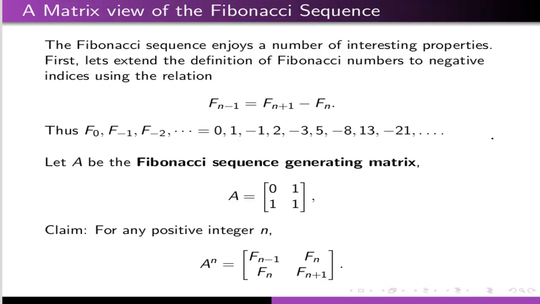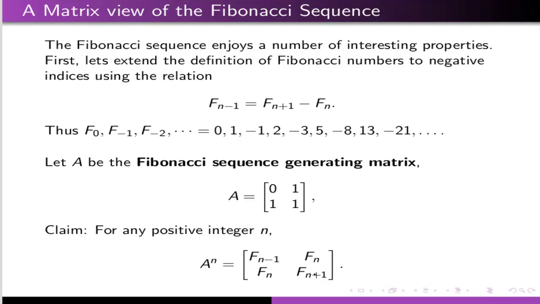Okay, now let's bring in what I call the generating matrix for the Fibonacci sequence. Let A be this matrix, 0, 1, 1, 1, a 2 by 2 matrix. And I claim that if I take that matrix and raise it to the nth power, I get a matrix full of Fibonacci numbers: F(n-1), Fn, Fn, and F(n+1).